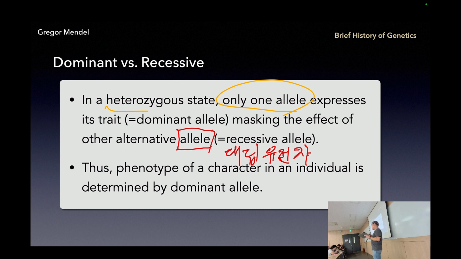What's the maximum number? 5, 10? Two? The answer is 2. You can have only 2 different alleles as a single person. That's the maximum number.